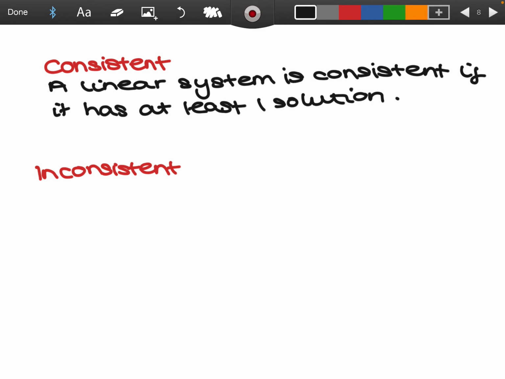That means it either has one unique solution or it has infinitely many solutions.